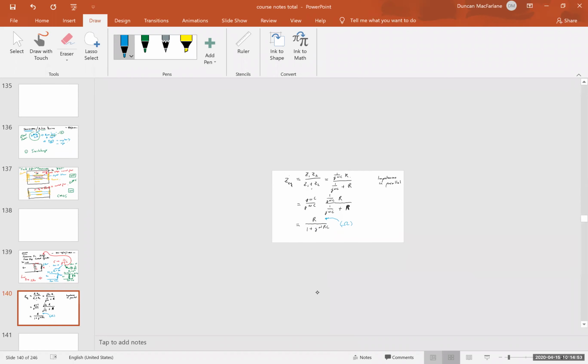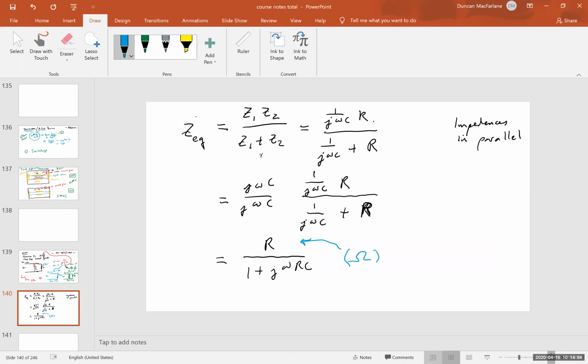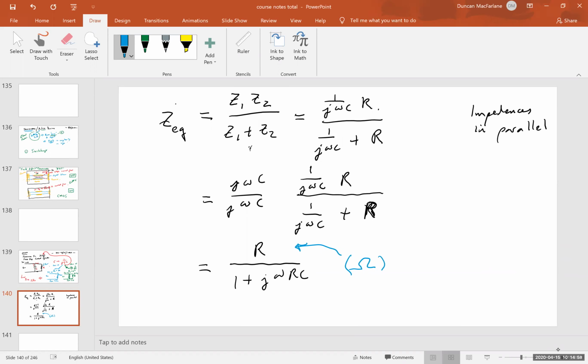The denominator is dimensionless. I have a 1 that has no units, and I'm adding to it something else that I sure as heck hope doesn't have any units. And omega RC has units of 1 over time multiplied by time. You can quibble about the radians, and you should. But I'm not going to spend too much time on that.